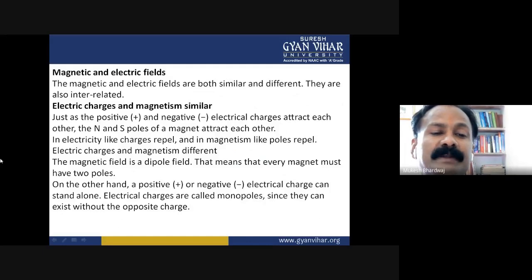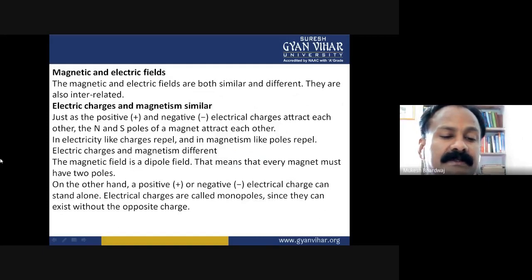Its dipole moment is defined as the product of the area of the plane loop and the magnitude of the circulating current. The vector direction of the dipole moment is perpendicular to the plane of the loop and is along the direction of the right hand screw when moved in the direction of current in the loop. So dipole moment equals the current in the loop times the area of the loop.